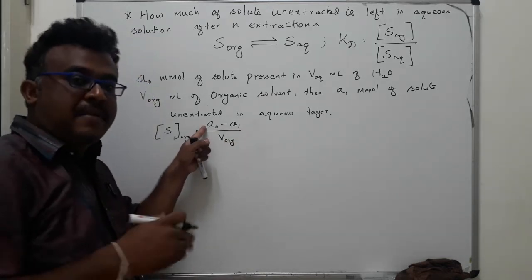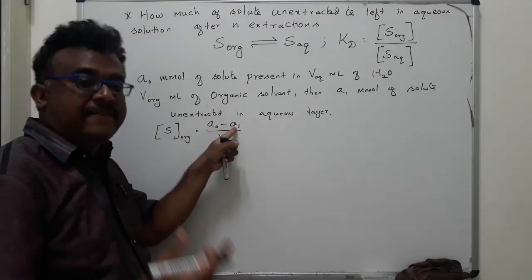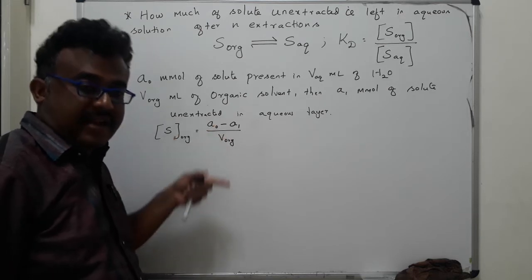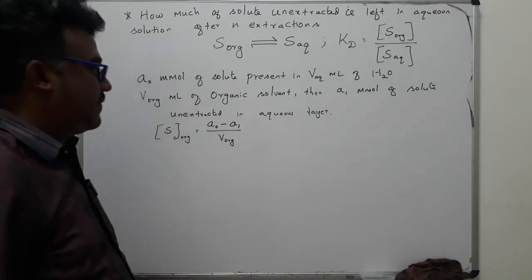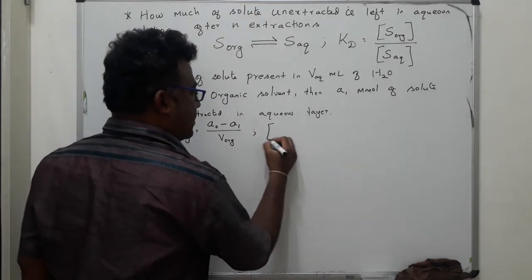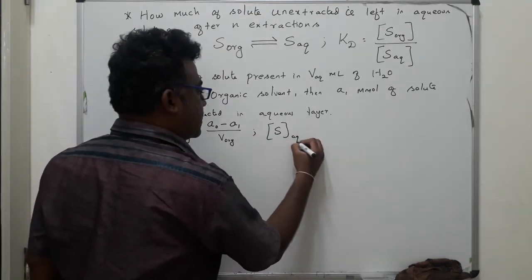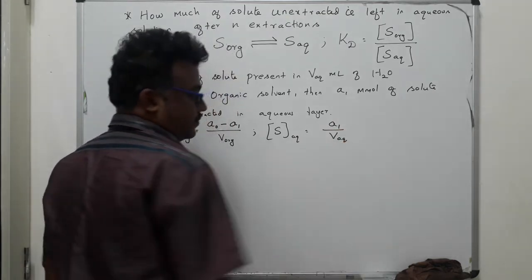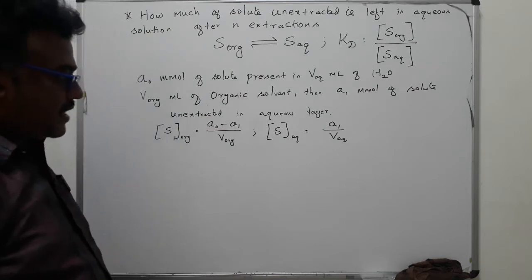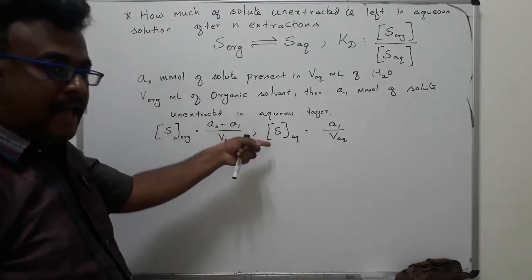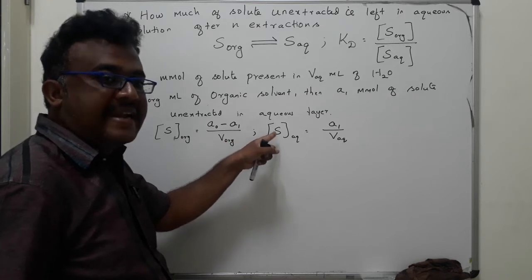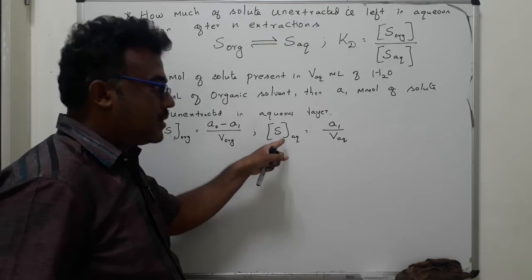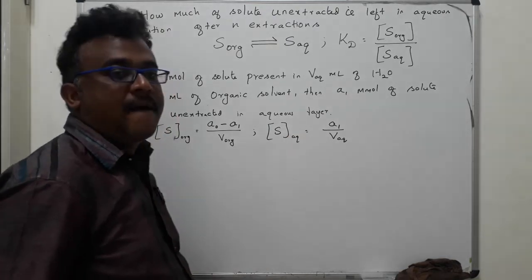A0 is the initial millimole, A1 is what is left in the aqueous layer, so the difference is that much millimole extracted in the organic solvent. Similarly, concentration of S in aqueous is equal to A1 divided by V aqueous, that is how much solute is left unextracted in aqueous solution at equilibrium.